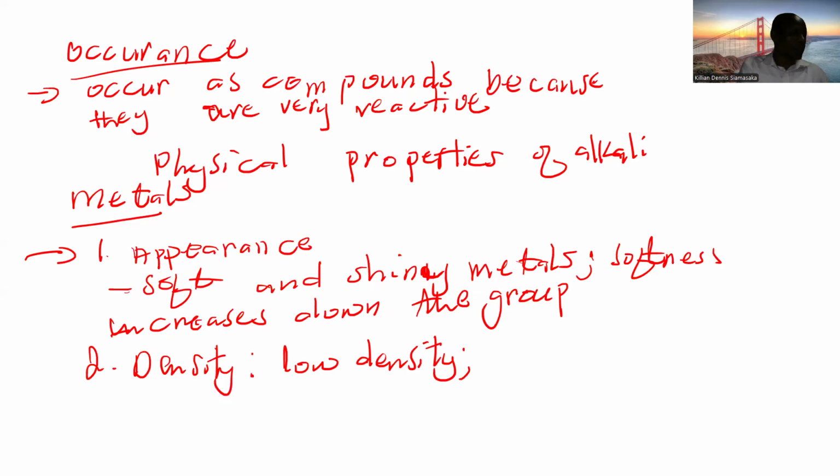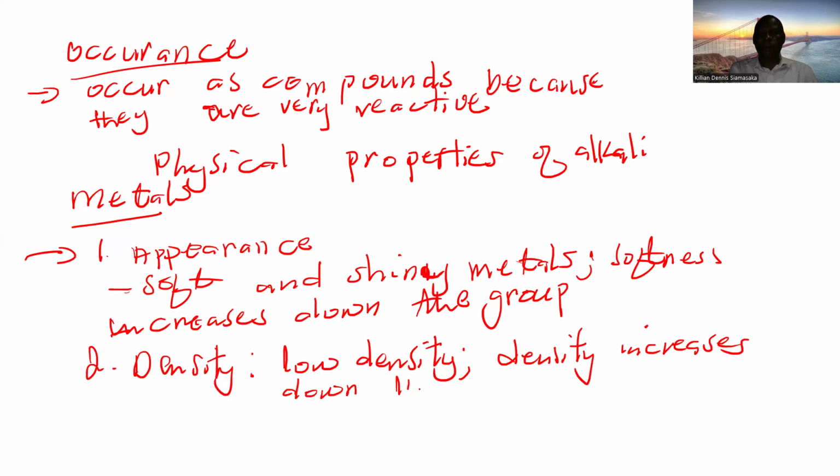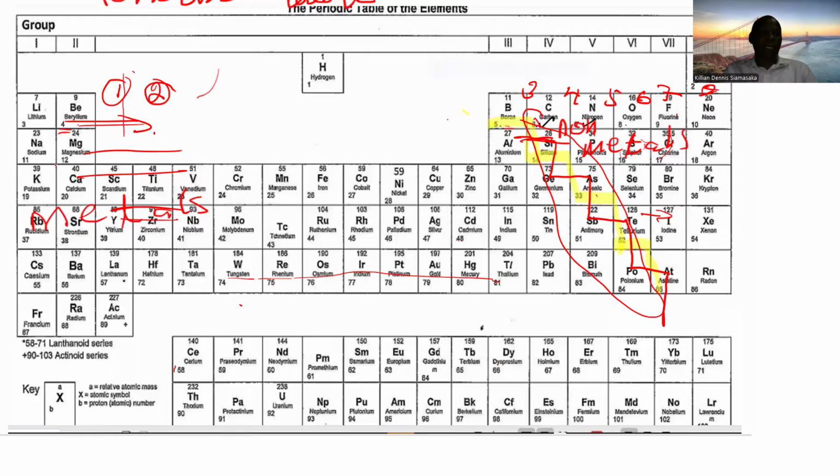The trend of density: it increases down the group. In other words, lithium here will have a lower density compared to sodium because it's increasing down the group.